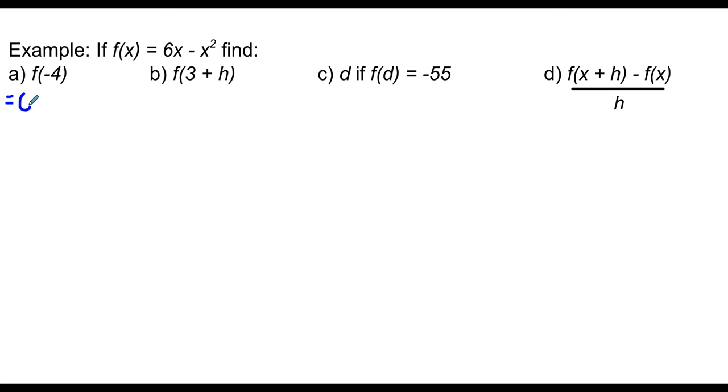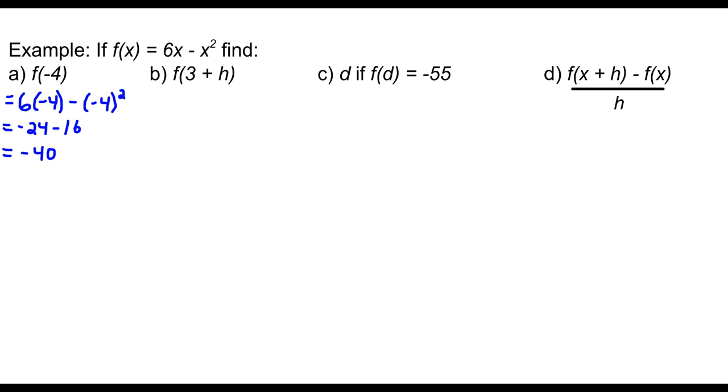So I'm going to have 6 times negative 4 minus negative 4 squared, and then I'm going to simplify. So 6 times negative 4 is going to give me negative 24, minus negative 4 squared is positive 16, and negative 24 minus 16 is negative 40.